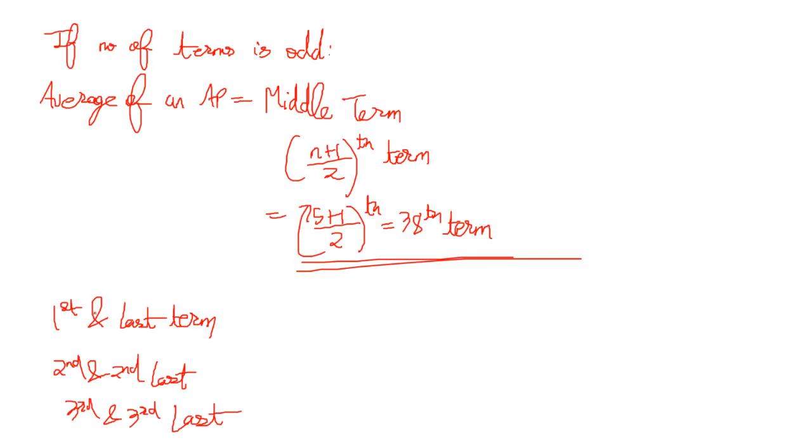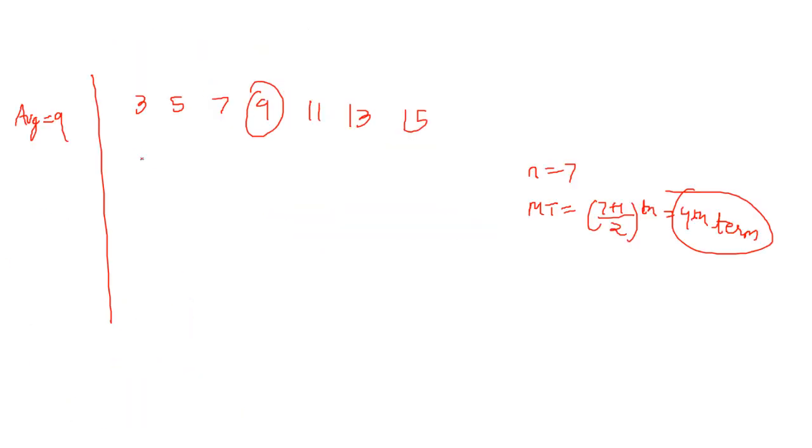So my average should be 9. But this should also be the average of the first and last term. Let's check. First and last term, the average is 9. What is the average of the second and second last?